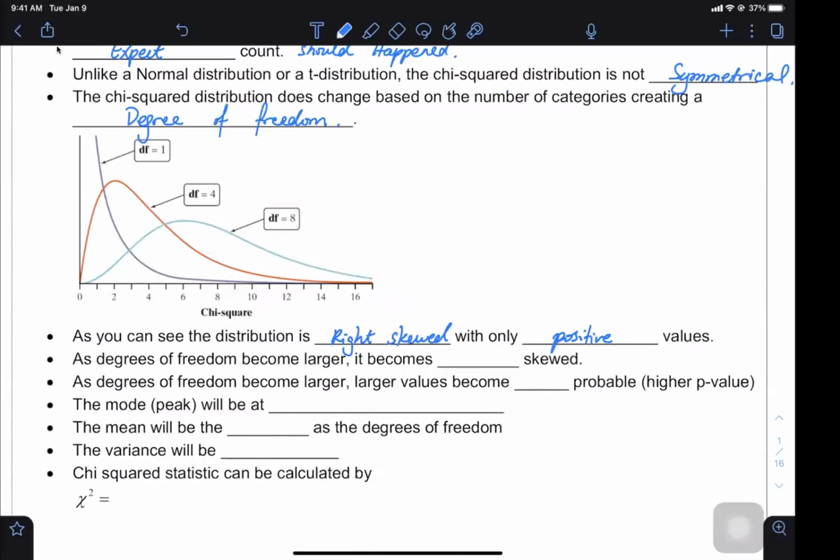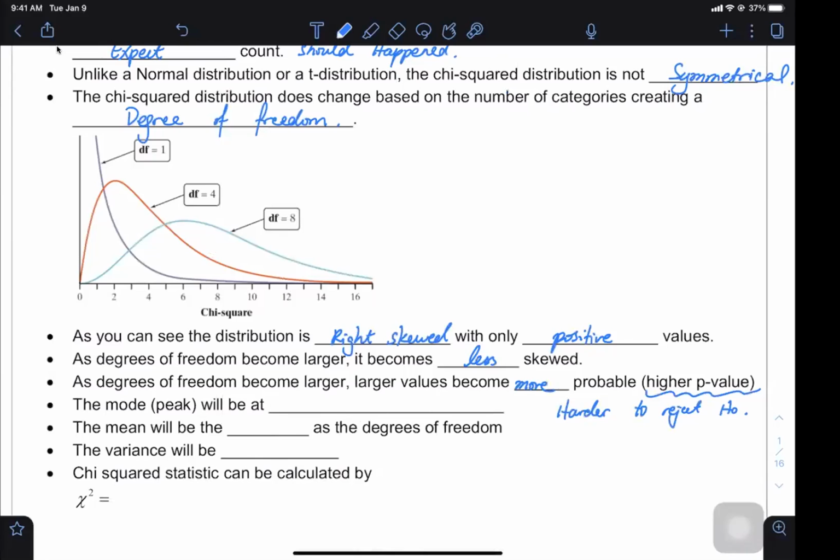As the degree of freedom becomes larger, it becomes less skewed, and larger values become more probable. So a higher p-value, which means it's harder to reject our H0.